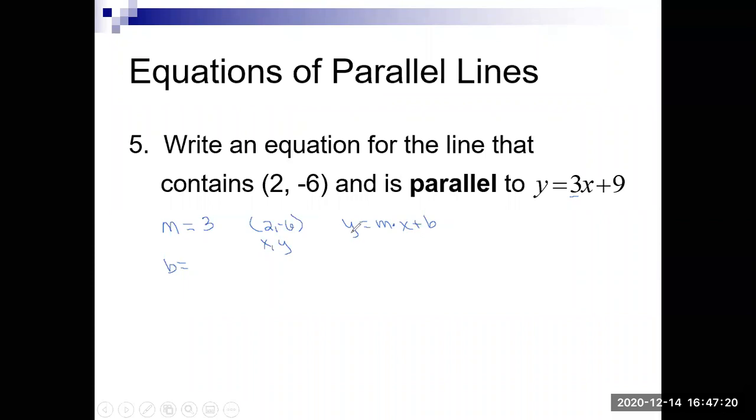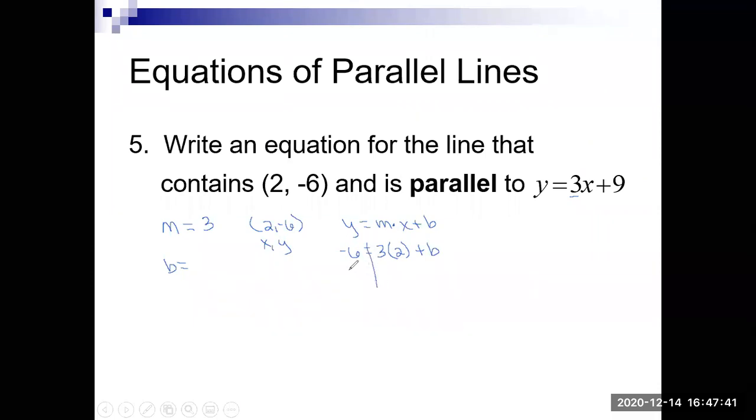So instead of y, what number do you need to substitute? -6. Instead of m, what number needs to be substituted? 3. Instead of x, you're going to substitute 2 and continue solving.